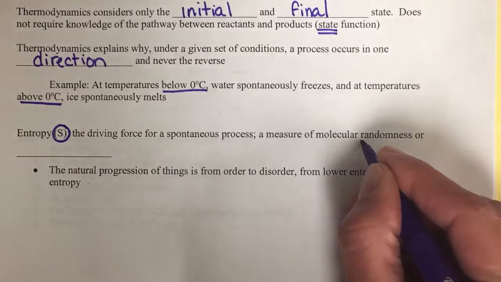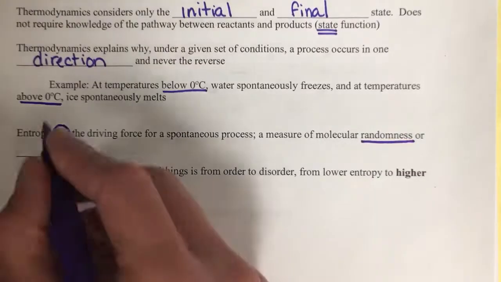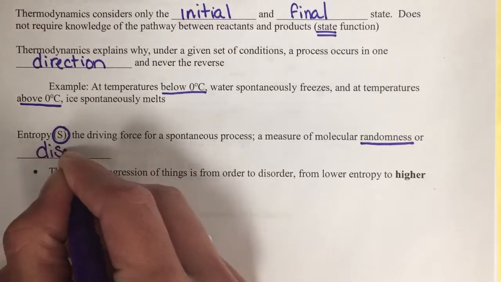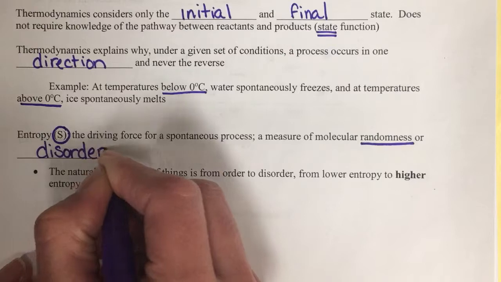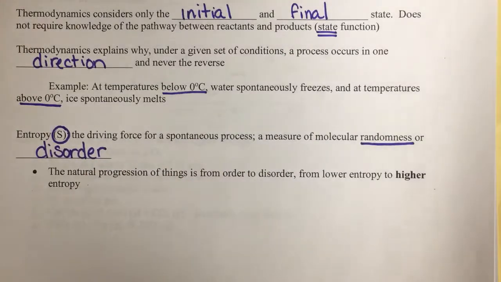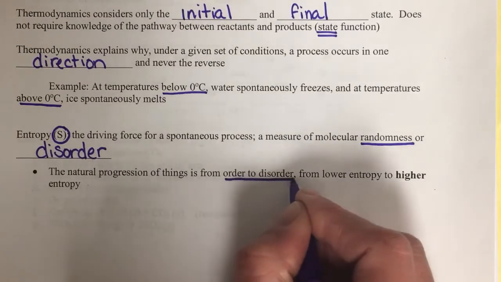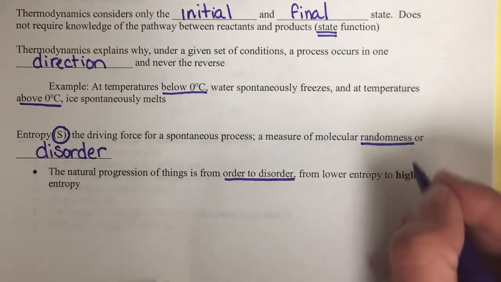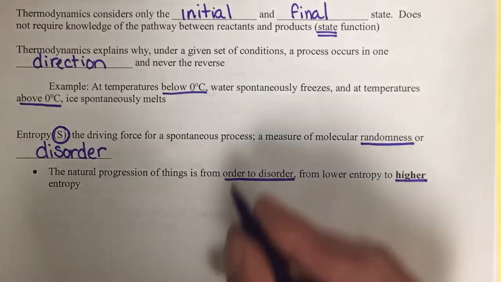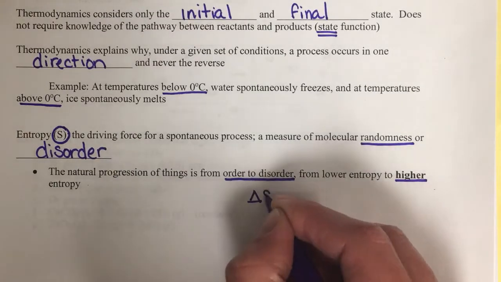Entropy is a measurement of randomness or disorder. Okay, so systems are favored if they are going from order to disorder, or if my entropy is positive.